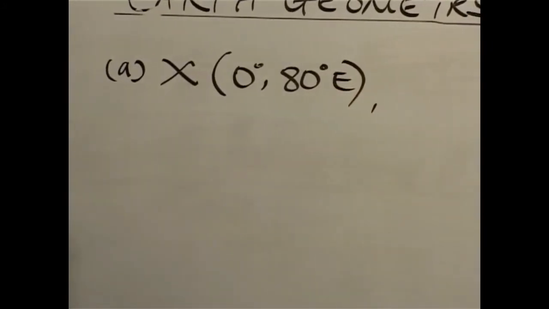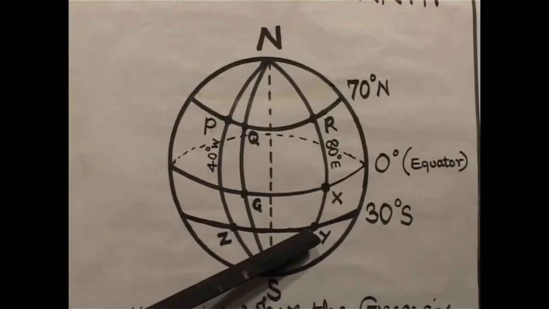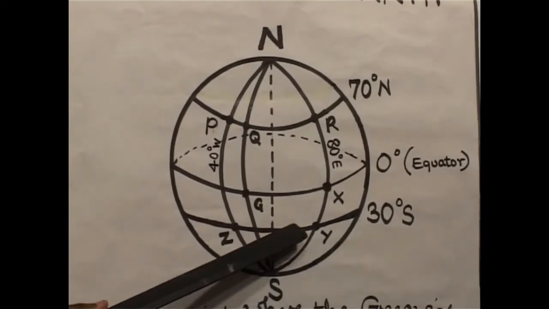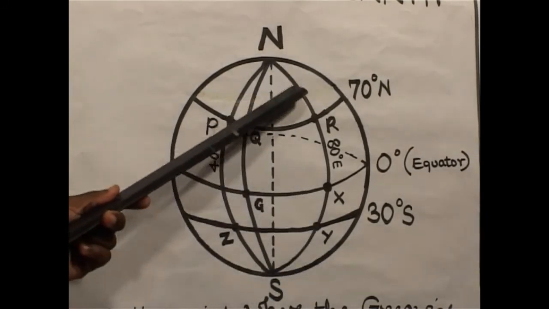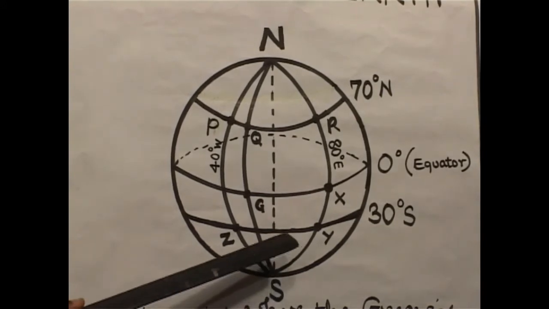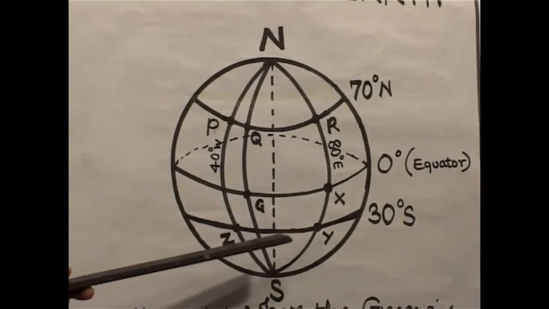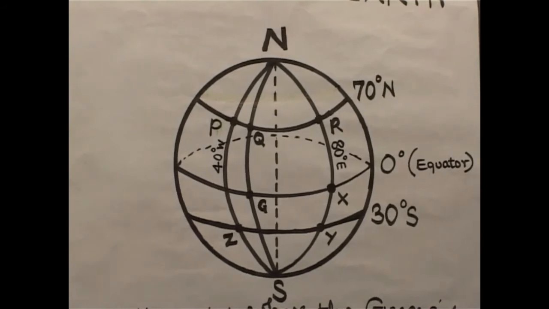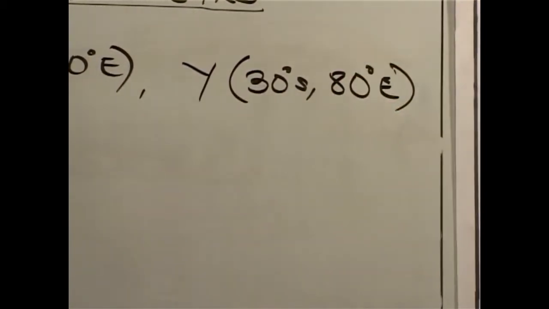Coming to Y, also from the chart, we can locate point Y. Y lies on latitude 30 degrees south, and the same point Y lies on the longitude 80 degrees east. So we can simply say Y is 30 degrees south, 80 degrees east.